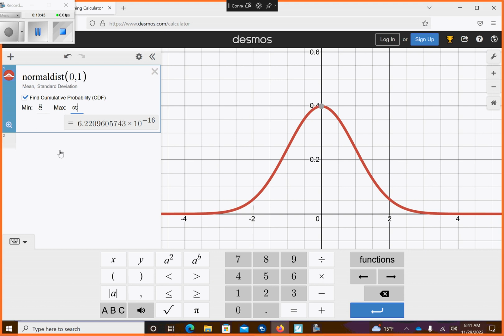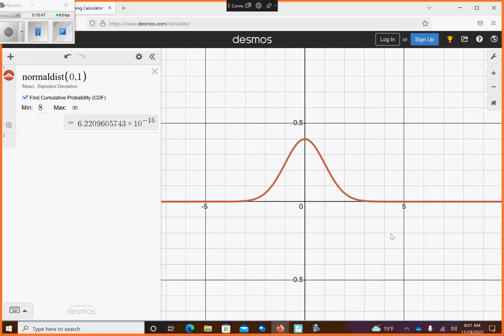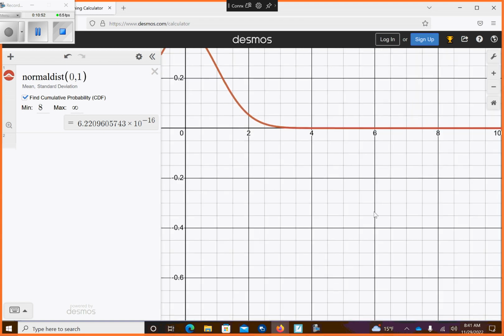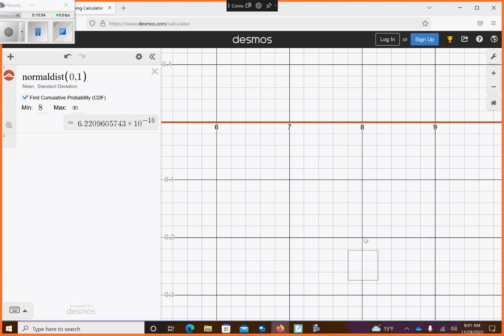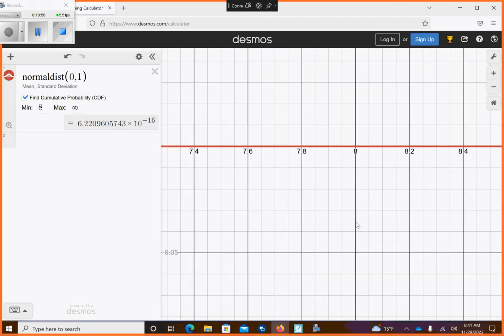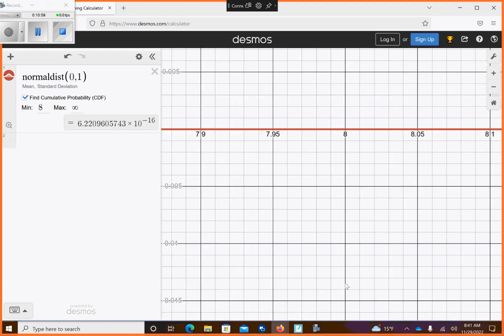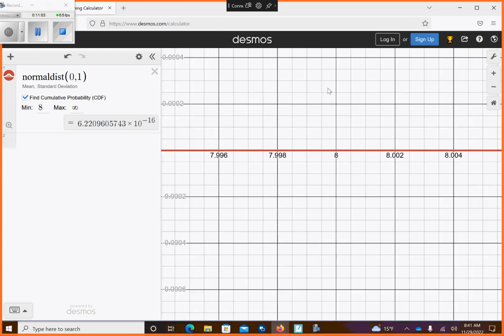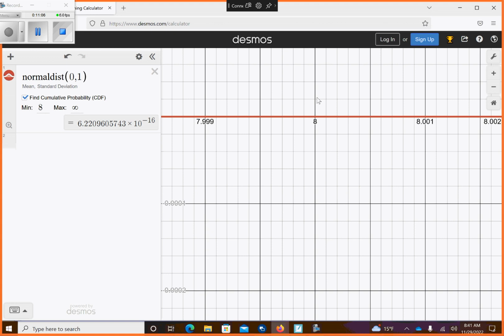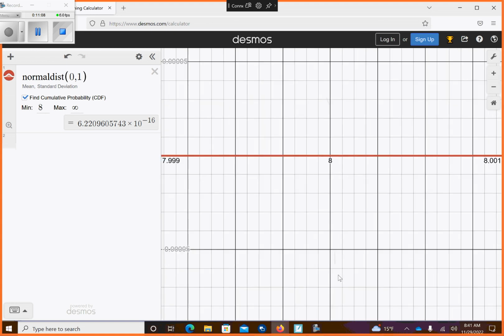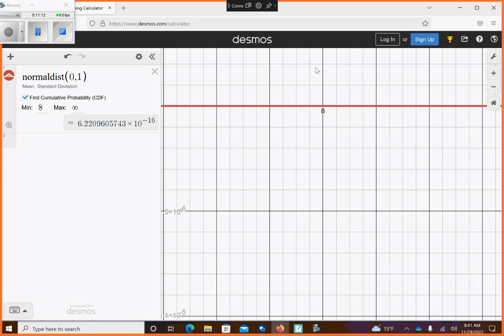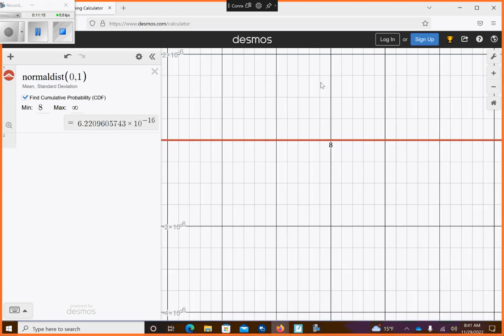So I don't even know if we could make this show up on here. Let's see, 8 standard deviations below the mean. So I have to do it like this. I don't even know if I can zoom in enough.